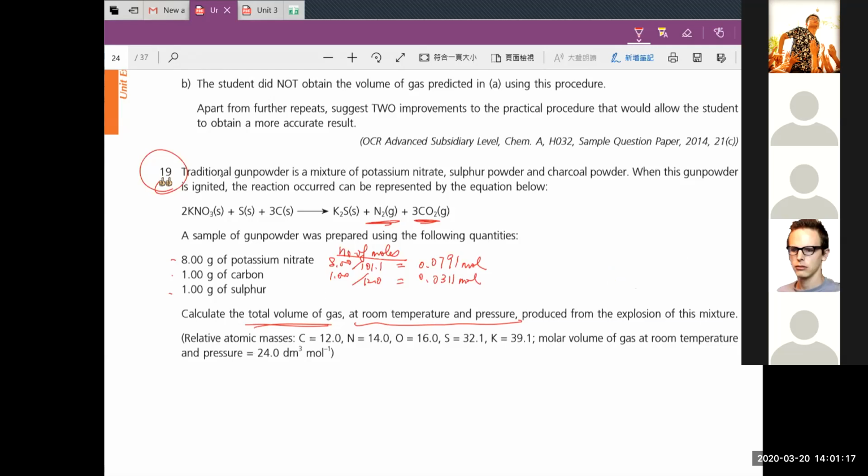And for 1 gram of sulfur, the molar mass is 32.1, sorry, it is sulfur, I confused that too. So 32.1 and 12. It's 0.0833, and this one is 0.0311. So what will you get?